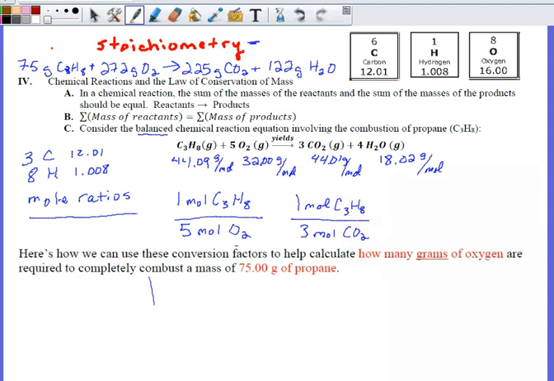You could also make that relationship between propane and water. So every 1 mole of propane completely combusted will produce 4 moles of water. You could also do relationships between oxygen and carbon dioxide, oxygen and water, or a mole ratio for carbon dioxide to water.